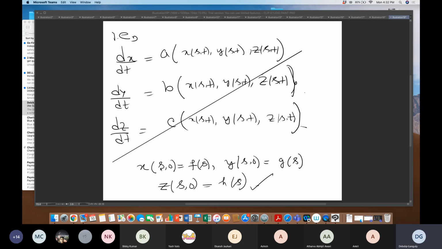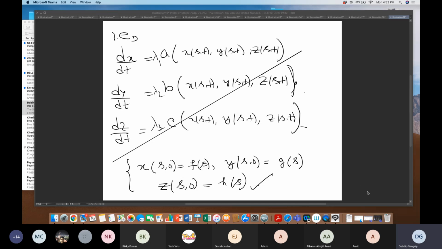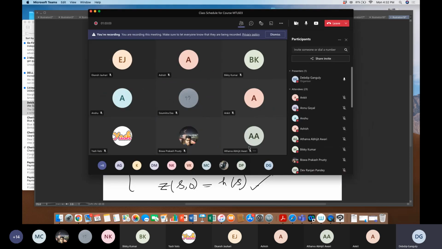Once you solve this ODE, if you want, you can put some lambda 1, lambda 2, lambda 3. Clear? Now since we have an initial condition, you can solve for lambda 1, lambda 2. I don't want to complicate it. Is it clear, Yash?